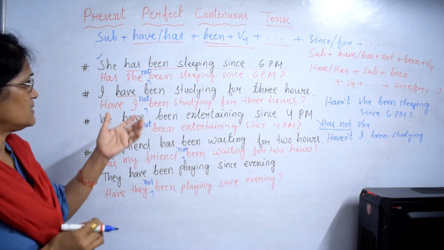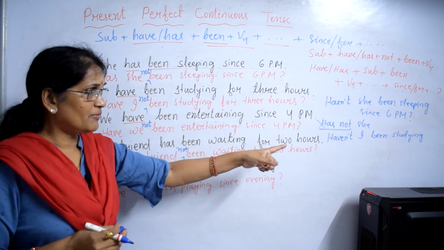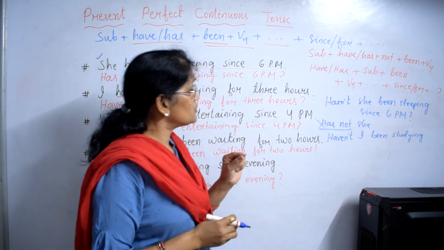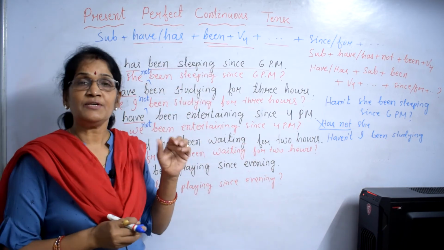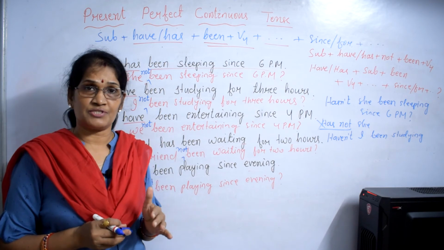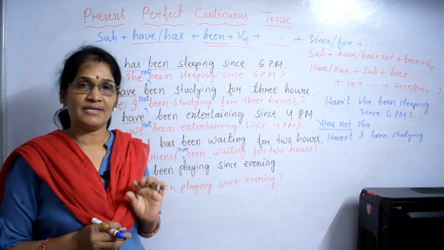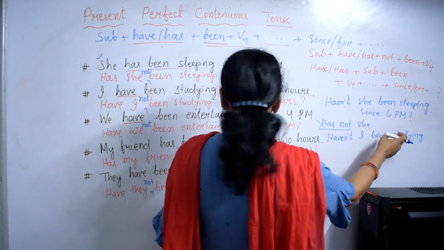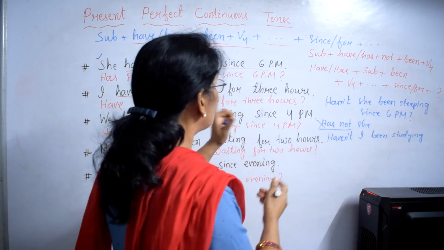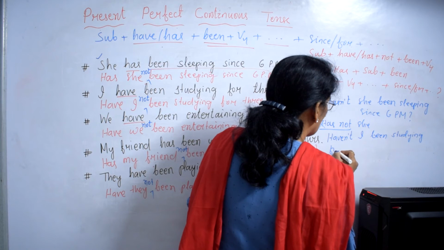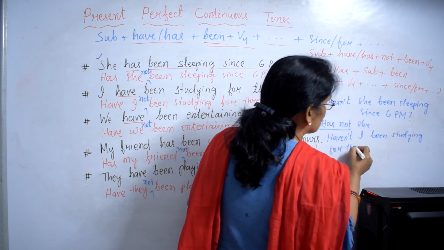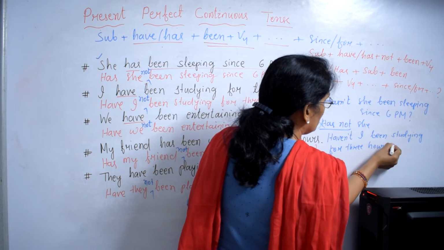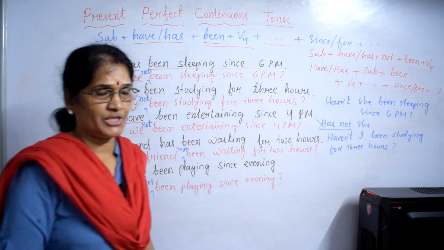If you want to get the contracted form, you will get the link in the description box, and also the simple present, present perfect, and present continuous links you will get in the description box. Don't forget to put the question mark.